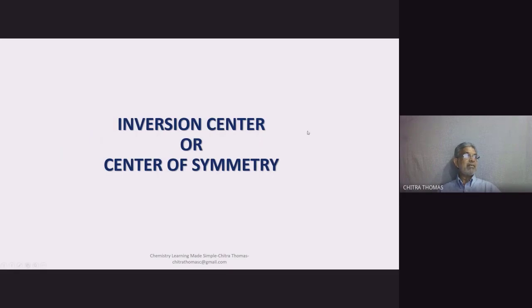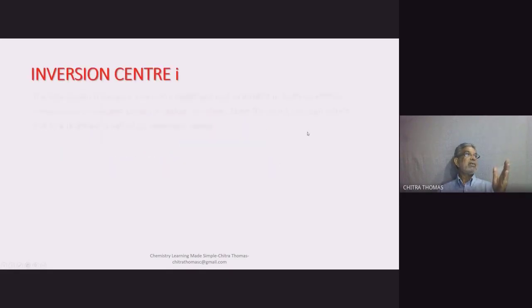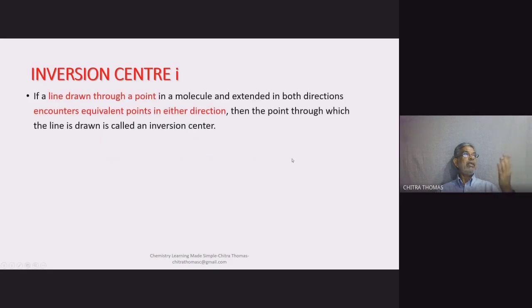Then inversion center or center of symmetry, this is easiest. This is how you define an inversion center. If a line drawn through a point in a molecule and extended in both directions encounters equal points in either direction, then the point through which the line is drawn is called an inversion center. So you draw a line, you will get this.